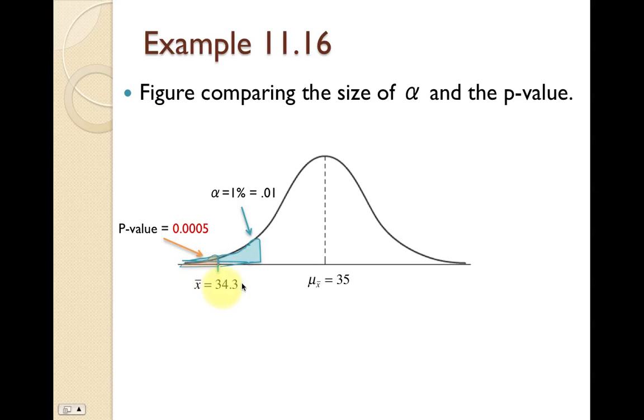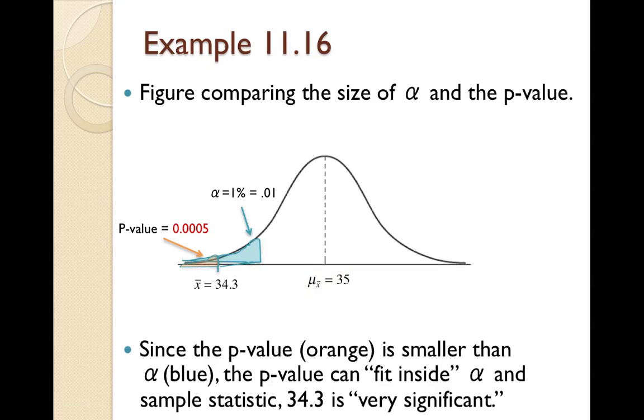This p-value puts x-bar much farther away from center than we would expect. I mean, 34.3, you wouldn't think it was so much better than 35, but given the mathematics of this now, we really see that it's very far off. It's very far off to the left.